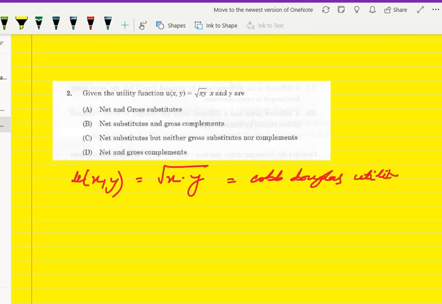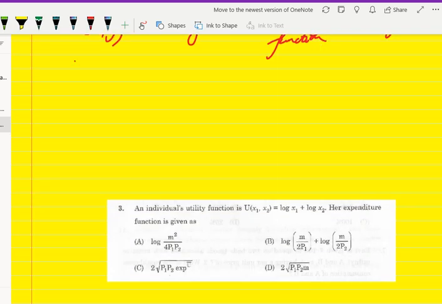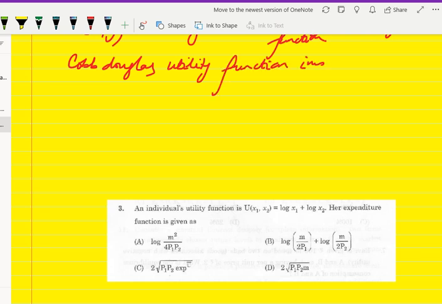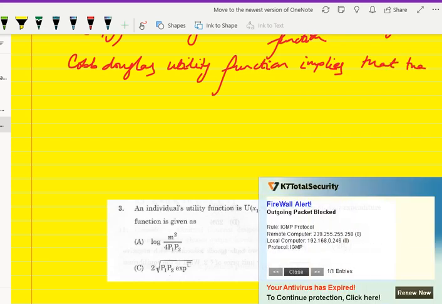Now, Cobb-Douglas utility function implies that the goods are net substitutes.